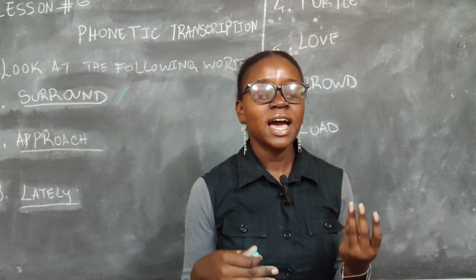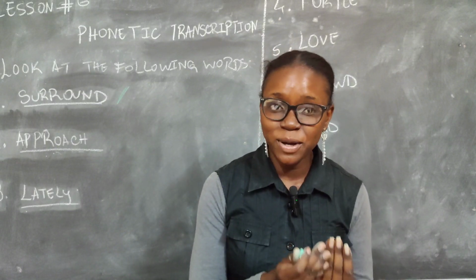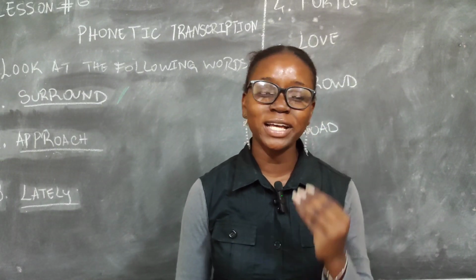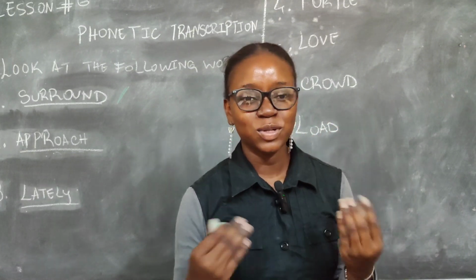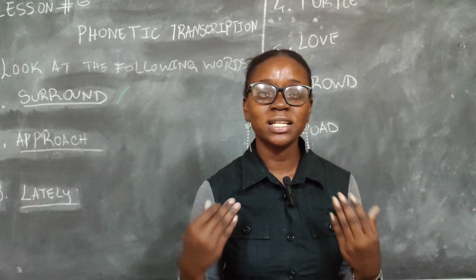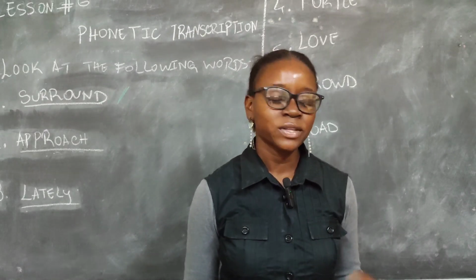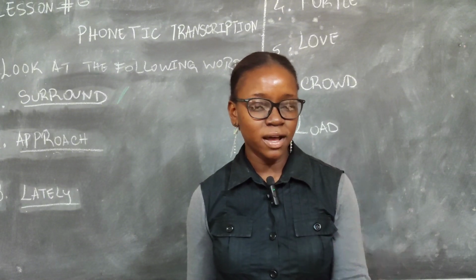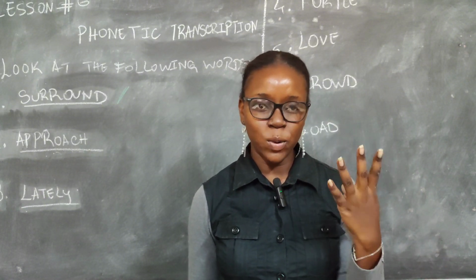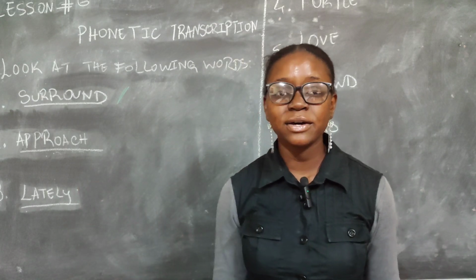Ow is what? It is the diphthong. Remember, if you don't remember about diphthongs, please go back to the lesson on vowel sounds. You will see there what diphthongs are and the different types of diphthongs that we have in English. So we have identified S, schwa, R, and ow. What is missing? N and D, surround.